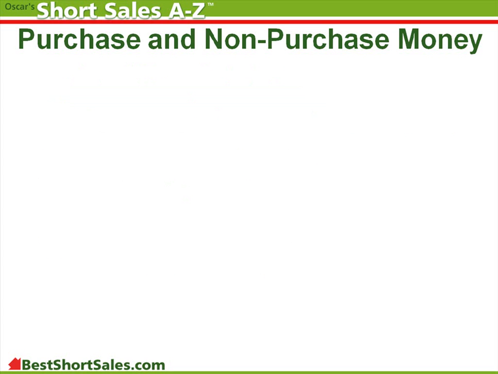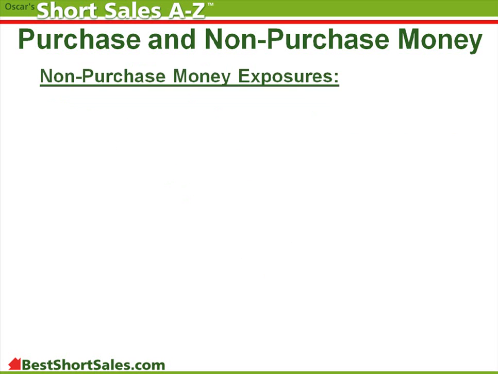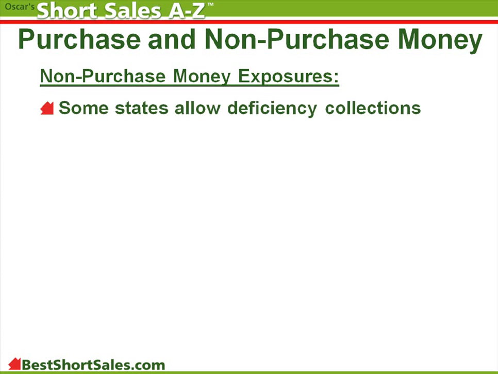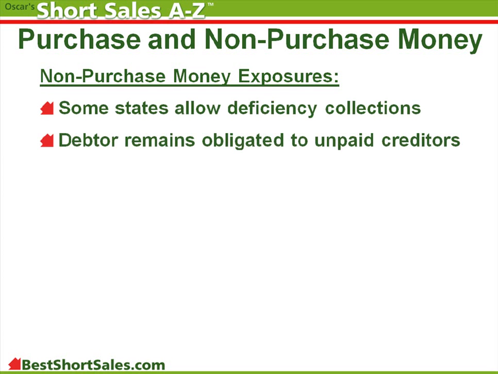Non-purchase money exposures. Non-purchase money has no protections. The consequences of foreclosure are highly penalizing to the homeowners. In some states, creditors can collect on foreclosure losses even in non-judicial foreclosure cases. This is called deficiency. The debtor remains obligated to all debts no longer secured by the property.